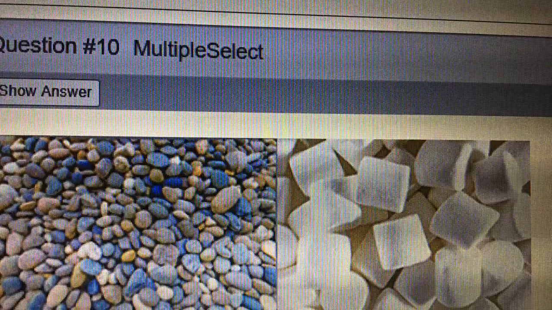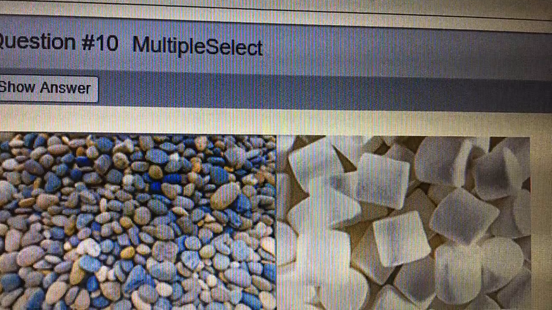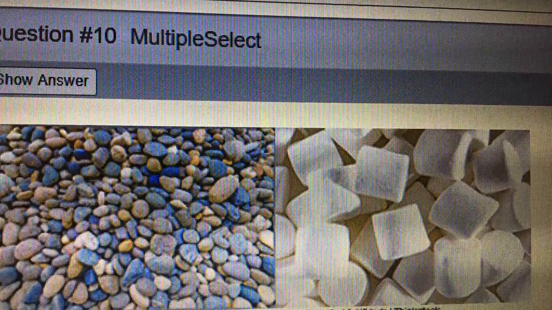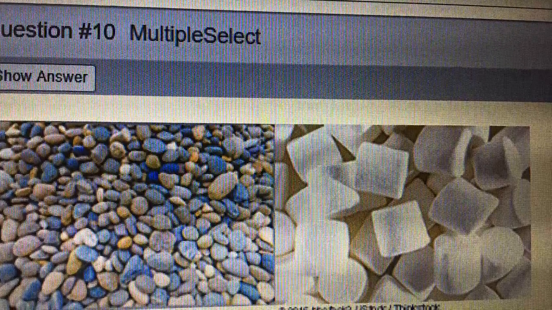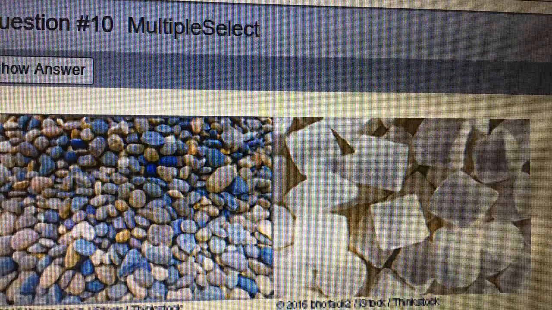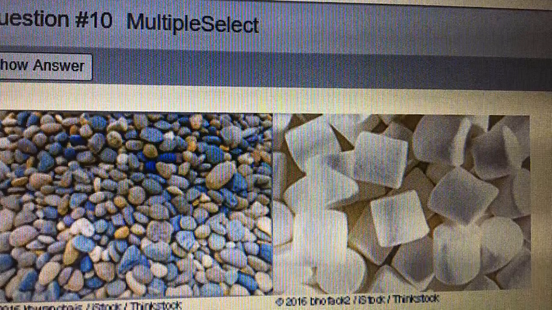Question 10. If you compare the stones to the marshmallows, which of the words in the list tell about the stones? Choose all the right answers.